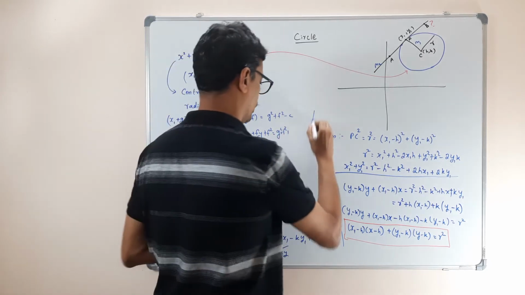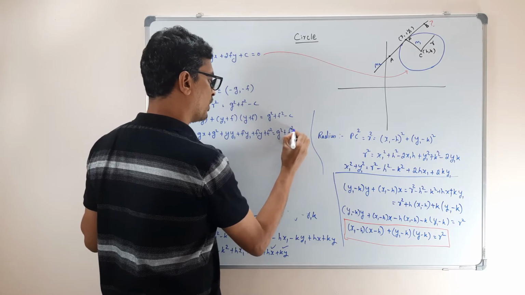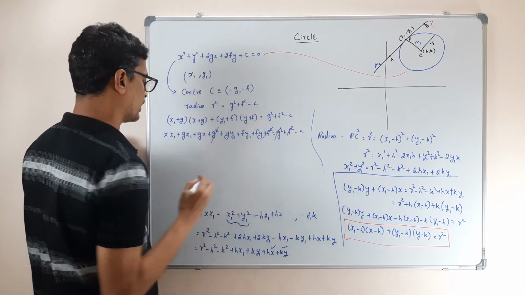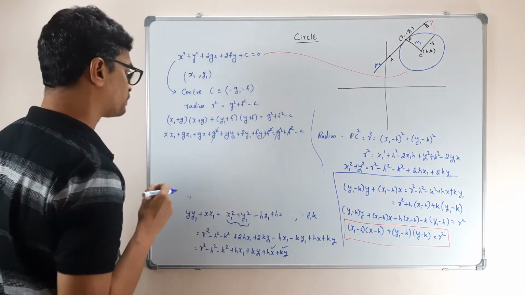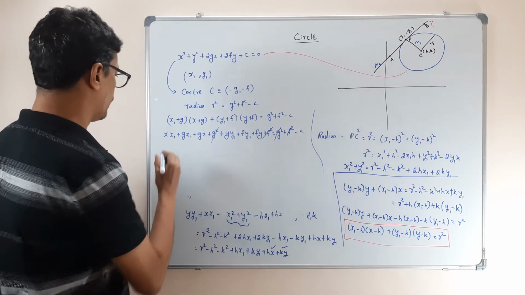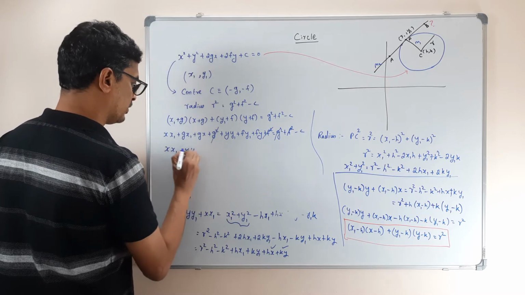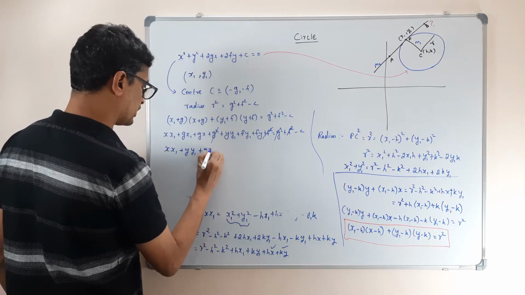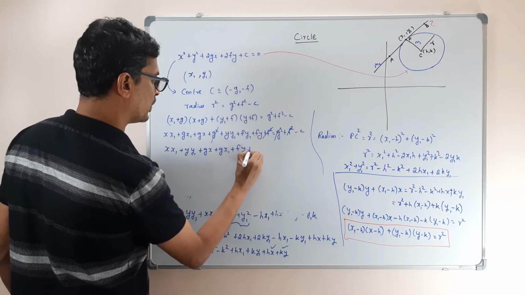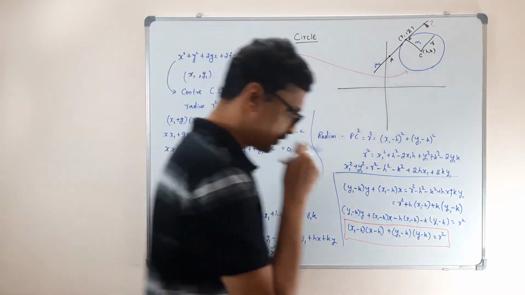The g square and f square cancel. So now you tell me, what do we have? We have x1 x plus y1 y plus gx plus gx1 plus fy plus fy1 plus c is equal to 0. This is the equation of the line.